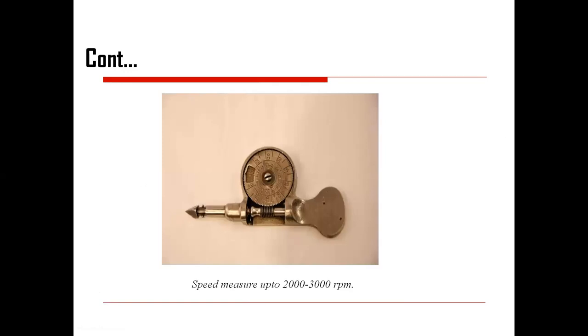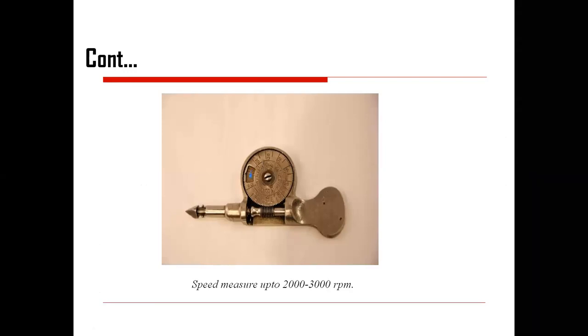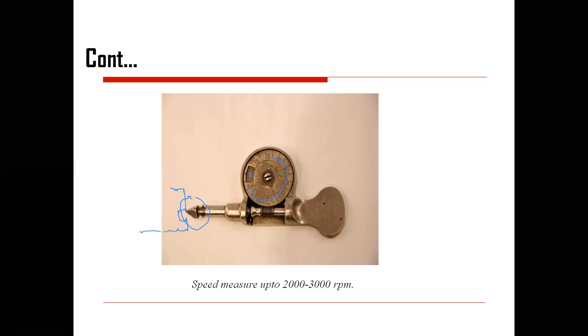If you try to visualize this particular aspect, this one is your inner dial, and this one is your outer dial, and this is the spindle. Now if I connect a rotating shaft across this part, this shaft is rotating, and this is the spindle actually.